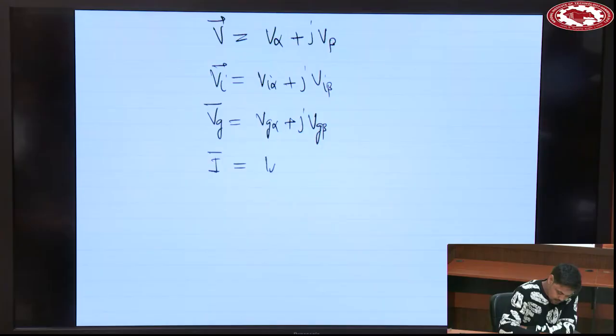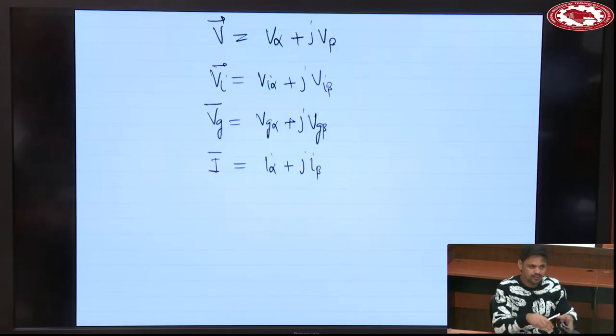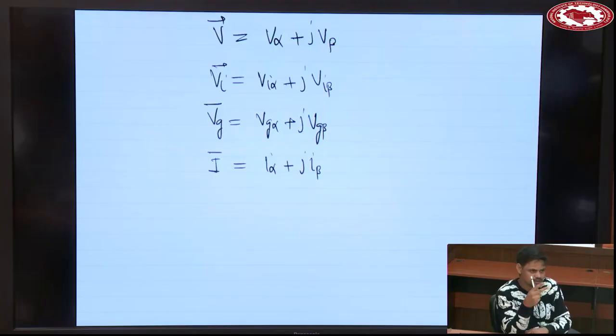i becomes i alpha plus j i beta. If you replace this, segregate the real part and imaginary part, you will have two equations. This is what was discussed in class: the Clarke transformation, or stationary frame transformation, converts three equations into two equations.